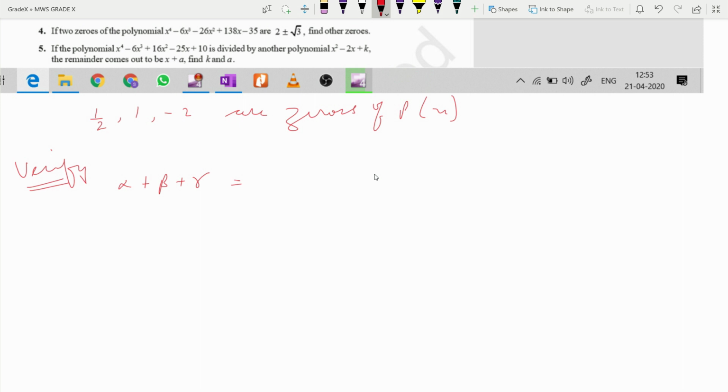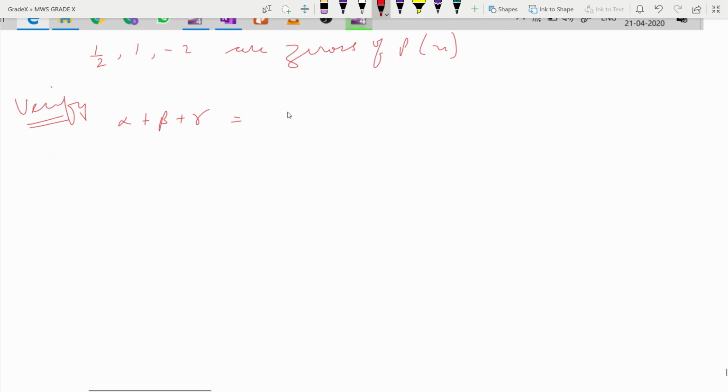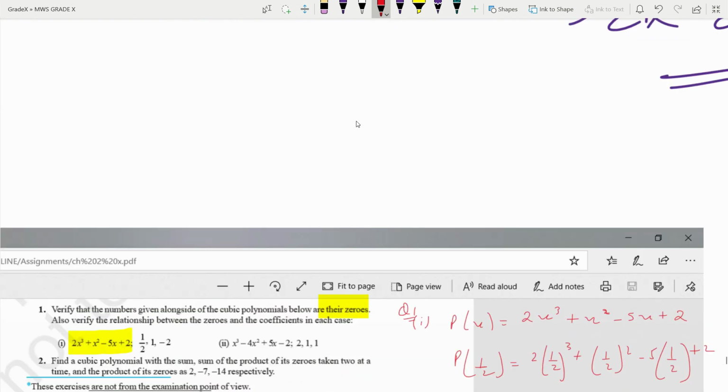Let me do the verification this time in that way, and it is all fine. Okay, we are doing the other way. See how the sum of zeros is equal to, we know it is minus b upon a. This I have told you just now in the formula.